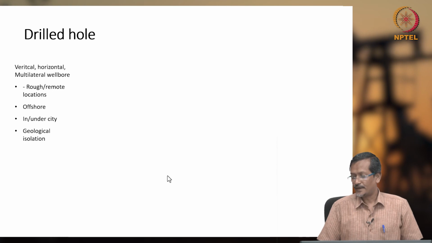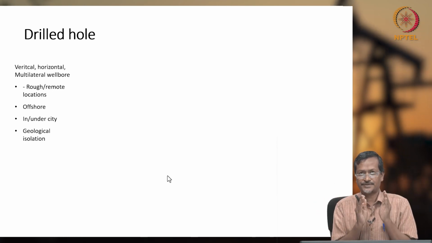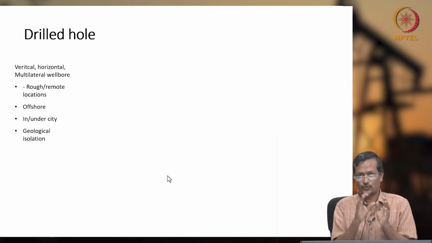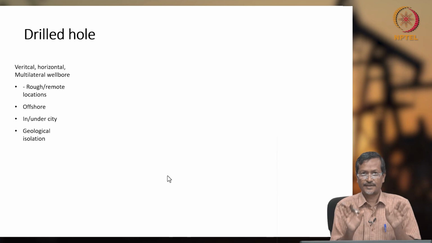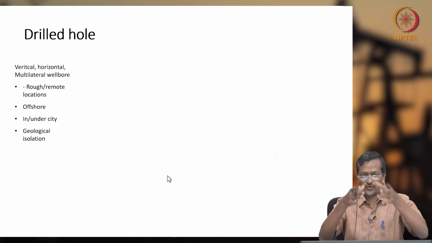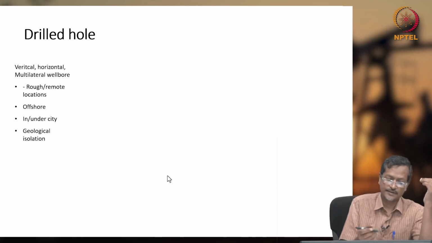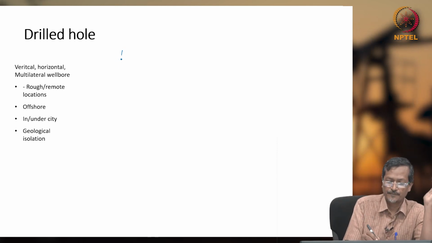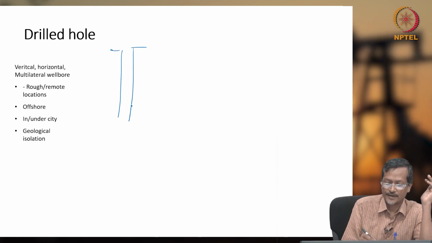Okay, now you drill a hole. A mud system is there. You understood the mud is there to cool the drill bit, to lubricate, and to maintain hydrostatic pressure. Now everything is done, you are drilling a hole. First you drill a hole, then you want to get more production. So there will be different types of holes. For example, you have a vertical hole, where you drill vertically.